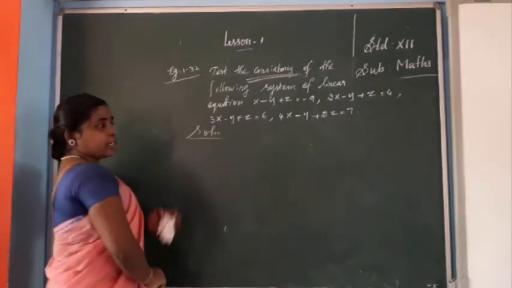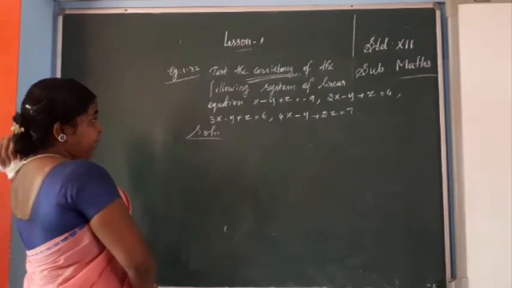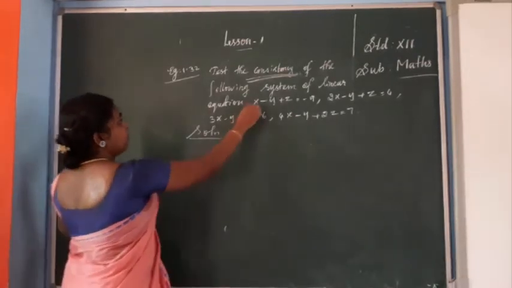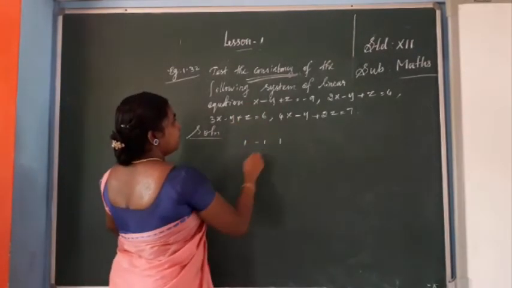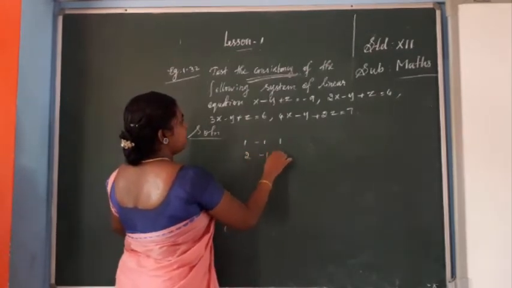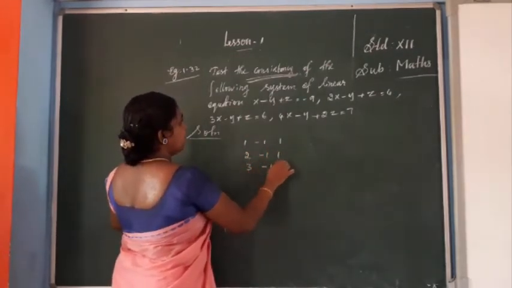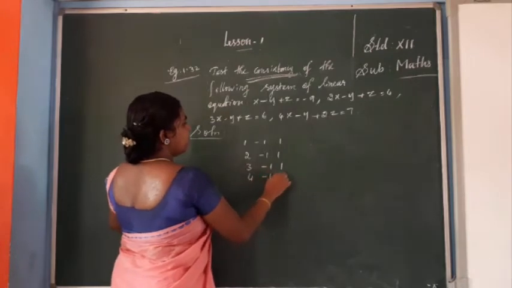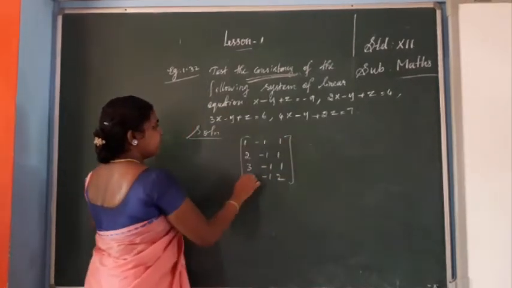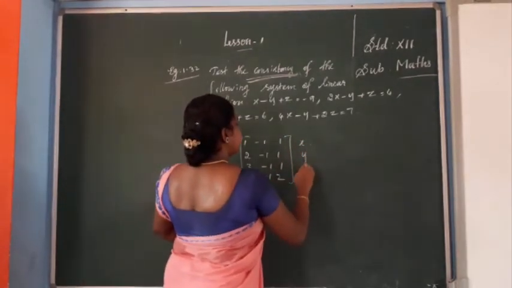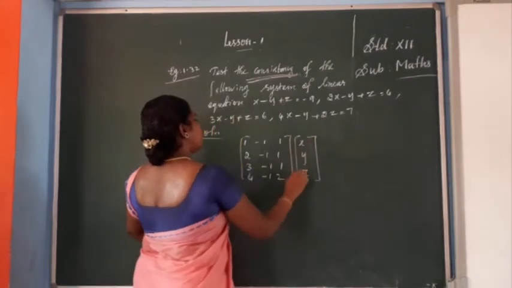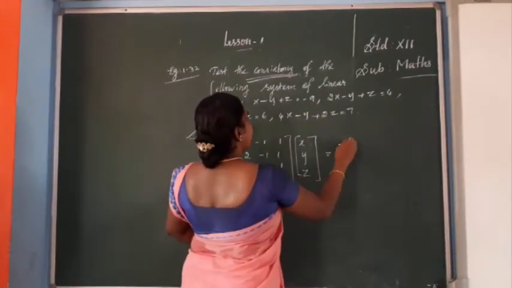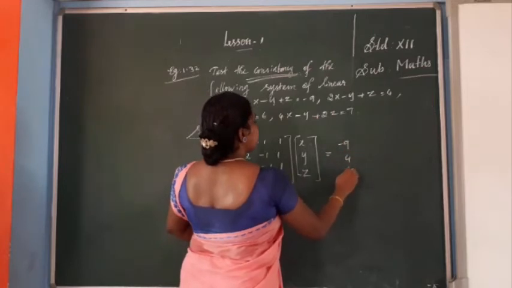First, AX equal to B form. So AX equal to, here A is 1 minus 1 1, 2 minus 1 1, 3 minus 1 1, 4 minus 1 2. X is the unknowns x, y, z, equal to the constant terms minus 9, 4, 6, 7.